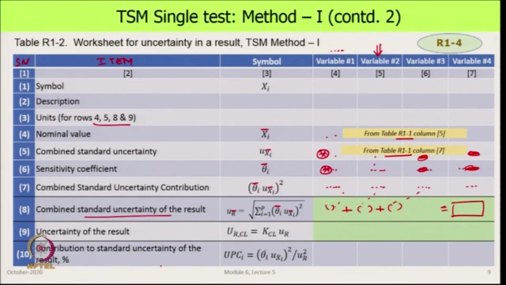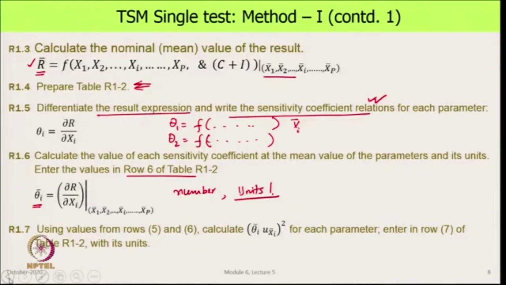The next we compute the expanded uncertainty of the result, or just the uncertainty of the result. U r bar CL is equal to K CL times U r bar, which is that we have to decide first. So, we did this part.